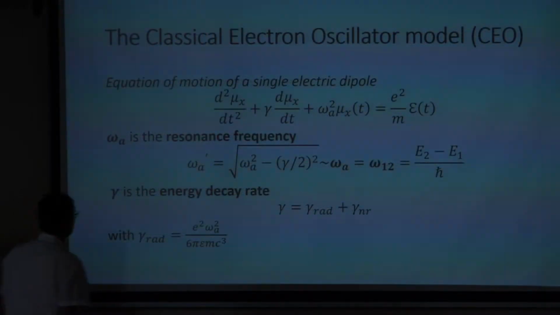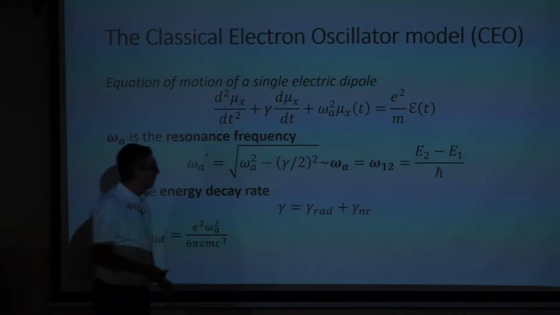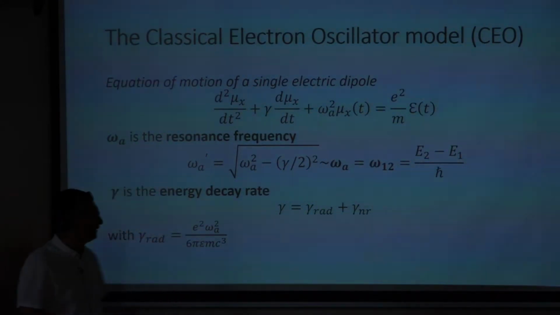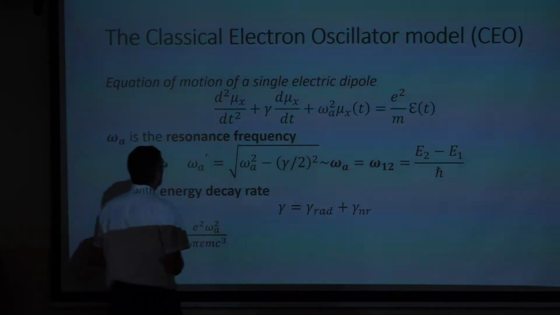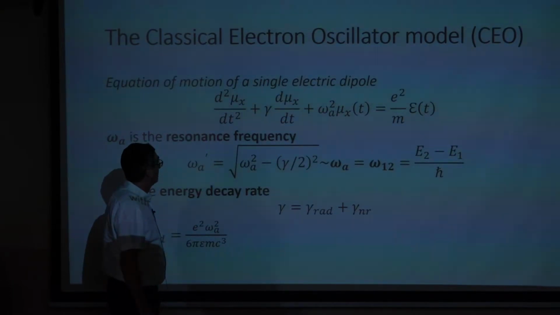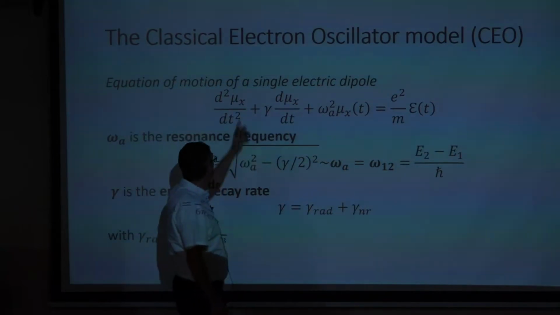Remember the equation of motion. If you write it for the dipole moment, we look at all the atoms as individual dipoles, and we wrote this equation here, which gives you the time variation of the amplitude of the dipole moment as a function of time, with two terms.